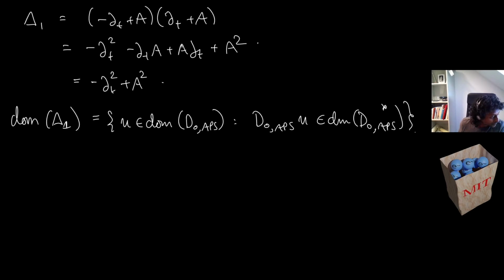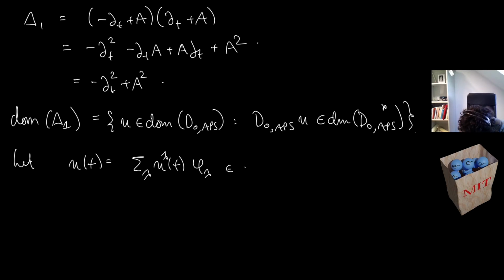So let's now consider this in terms of the eigen expansion. Let u(t) equal the sum of u_lambda(t) phi_lambda in dom d naught APS.